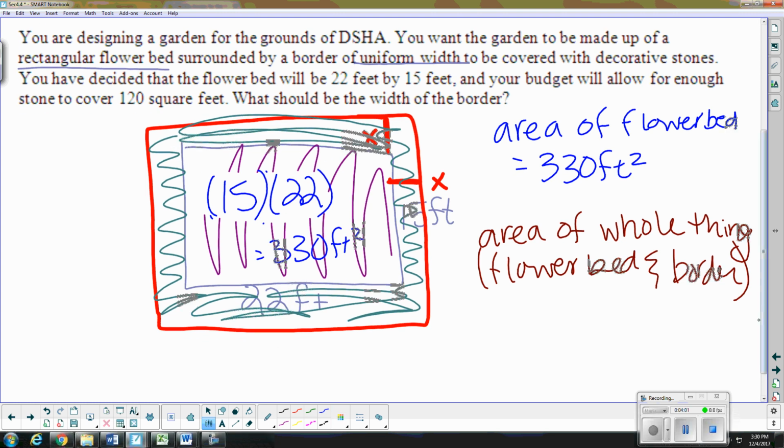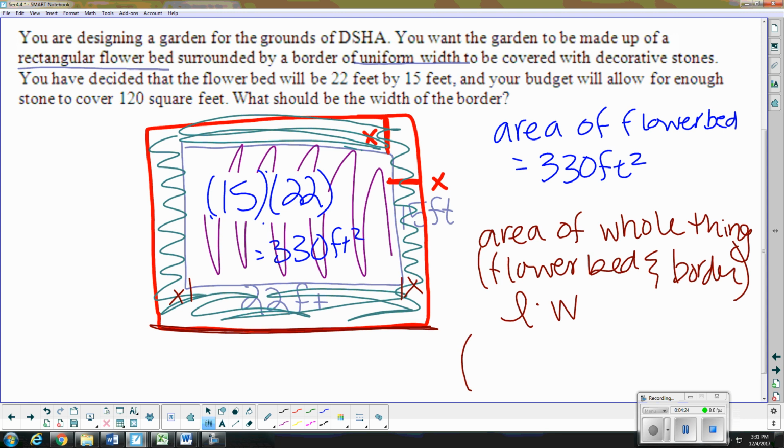Well, it's going to be length times width, which is this whole length. So this is 22 feet from here to here, but then I have an x on each side, because my uniform border is the width x.